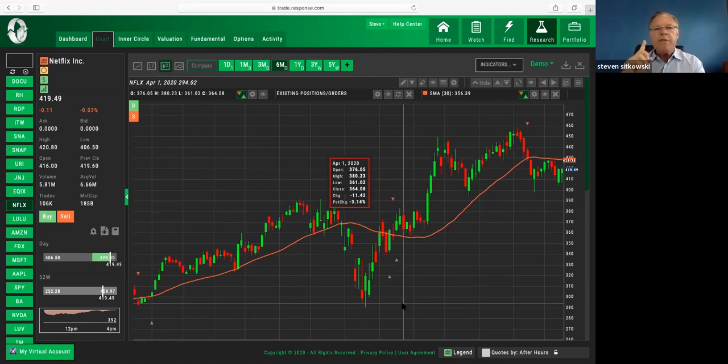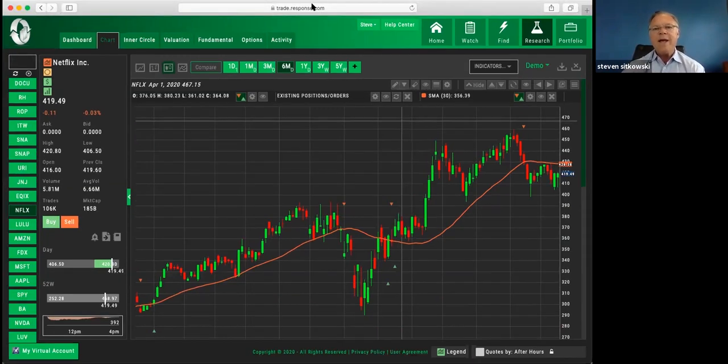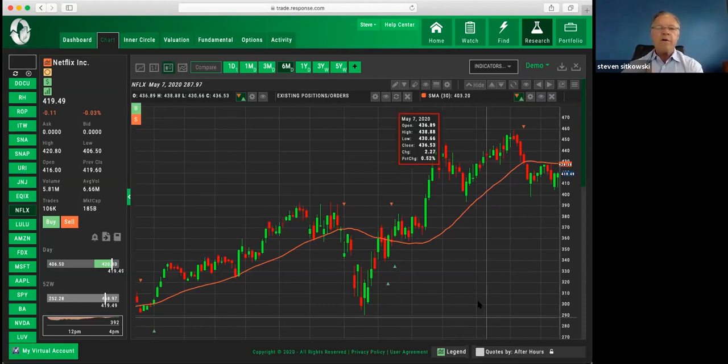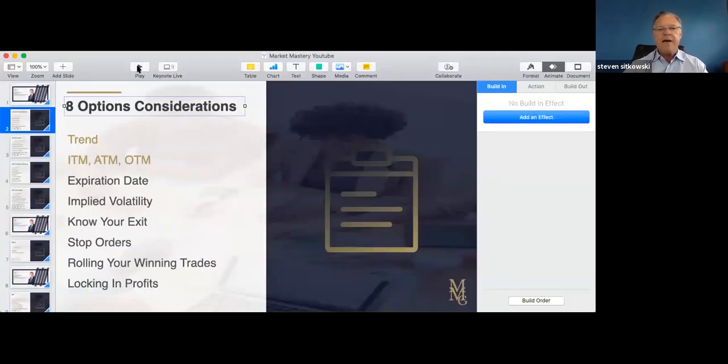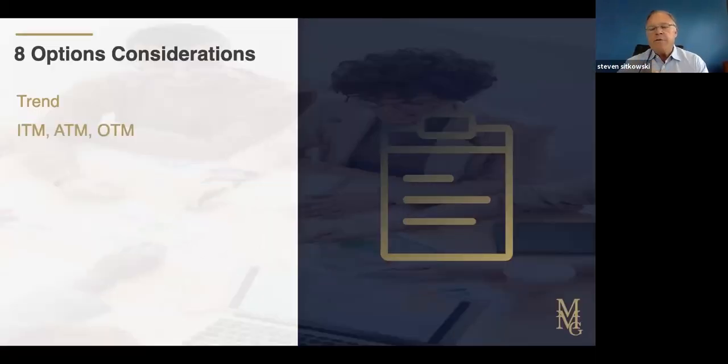So number one thing that we have to consider when we are going to engage in an option trade, what is the trend of this stock? Or if you're trading ETFs, what is the trend of the ETF? Number 2, you've got to decide what type of an option you want to use.